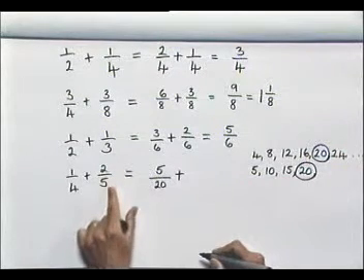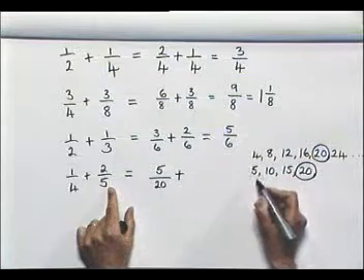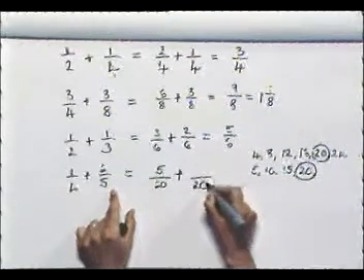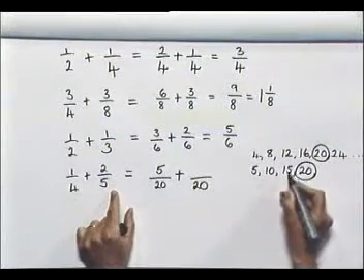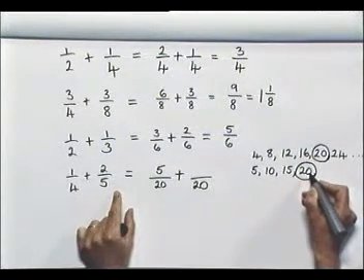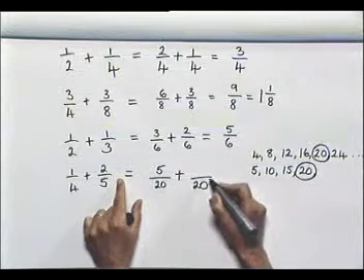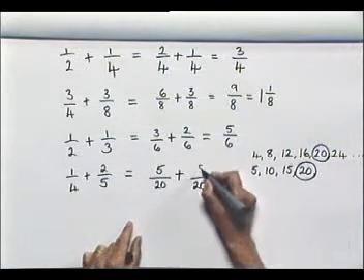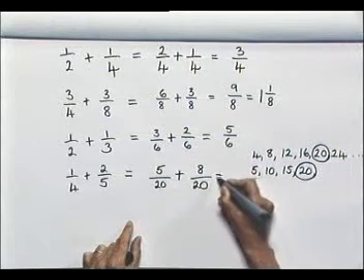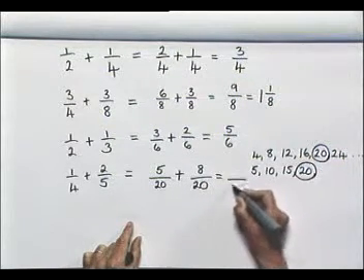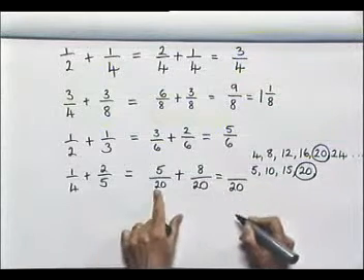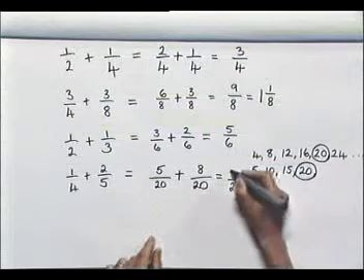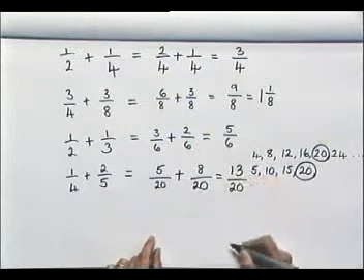And our 2/5, well, we needed 1, 2, 3, 4 20ths to make 1/5, but we've got 2/5, so we've got 8 20ths. So in total, now we've got the denominator the same, 8 add 5 gives us 13/20.